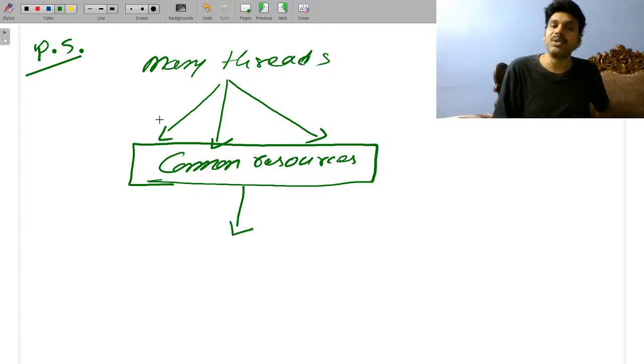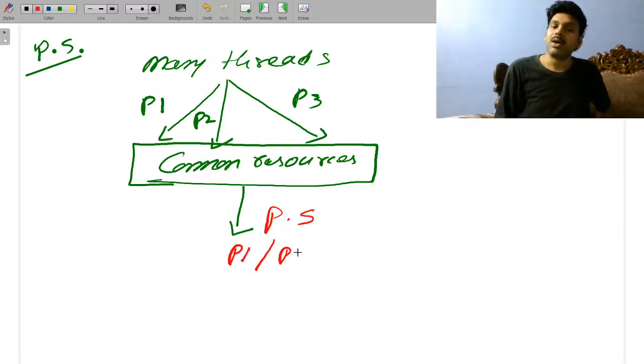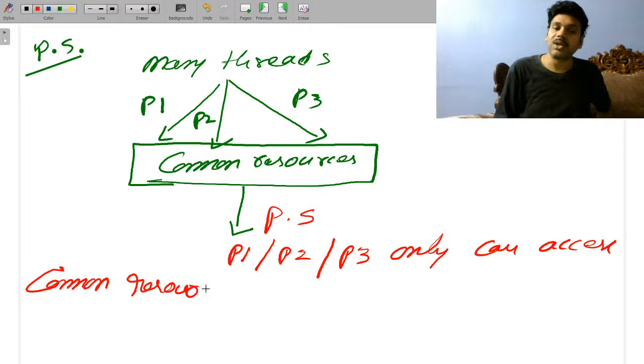For example, there are P1, P2 and P3 trying to access the common resource concurrently. But process synchronization will tell you that either P1 or P2 or P3 only can access your common resource, one at a time. That's the point.